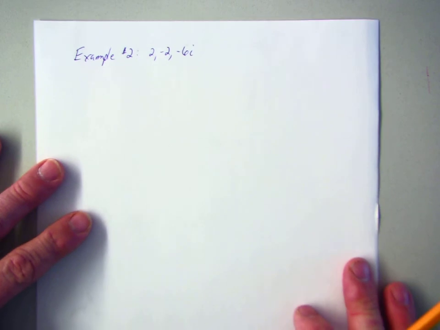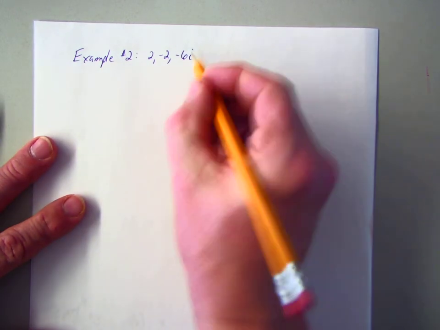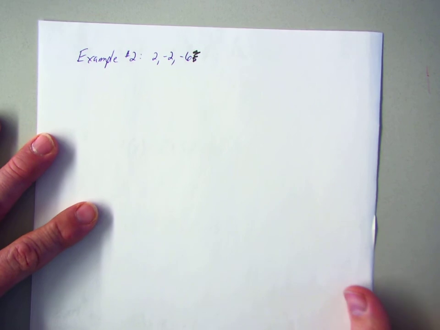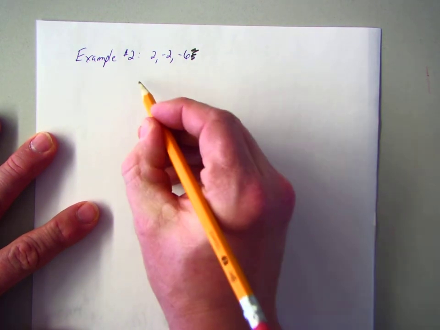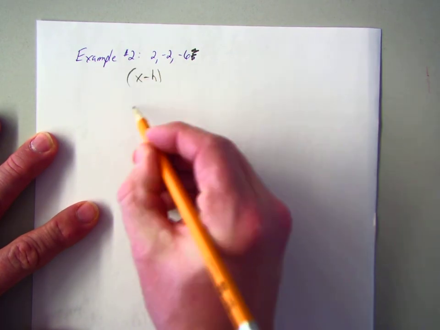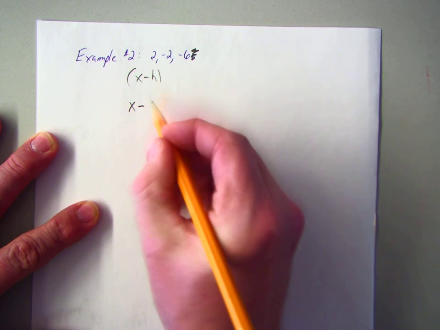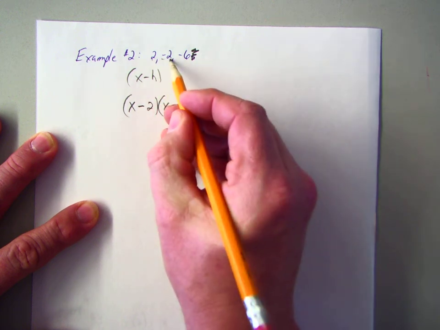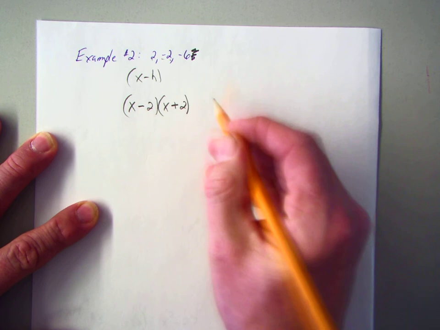All right, so let's do another example. Oops, let me get rid of the i, sorry. I don't want imaginary, I just want real. Remember, it's x minus h. So I'm going to do x minus solution. X minus a negative 2, so that becomes positive 2.